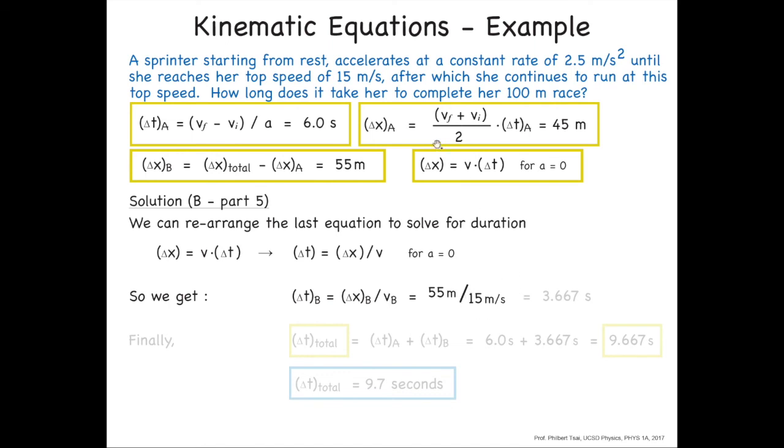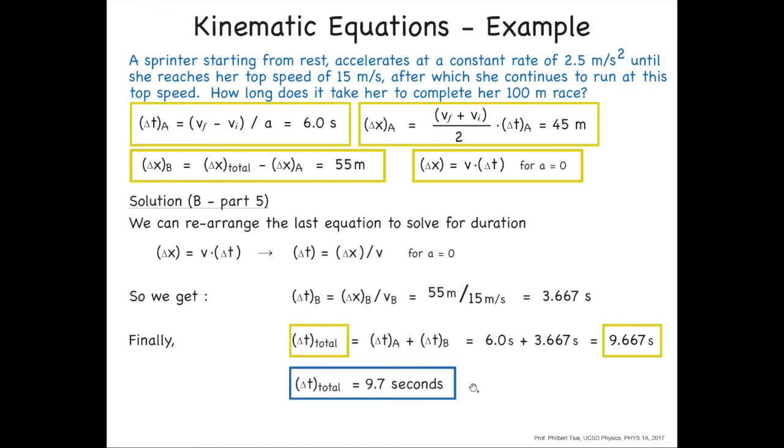And her top speed is 15 meters per second, as stated, which means the second leg of that race is run in 3.667 seconds. So finally, the total time for her race will be the time for the first half plus the time for the second half, which gives us 9.667 seconds, which we round to 2 sig figs as 9.7 seconds.